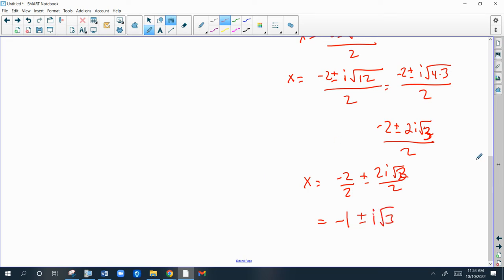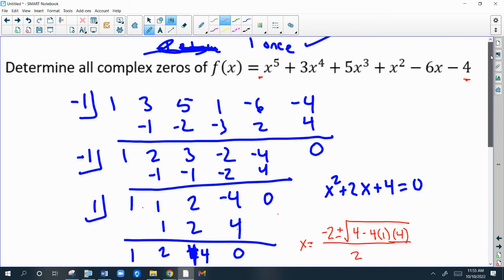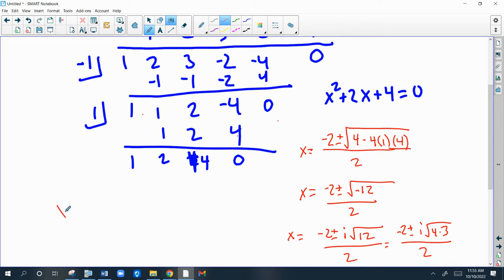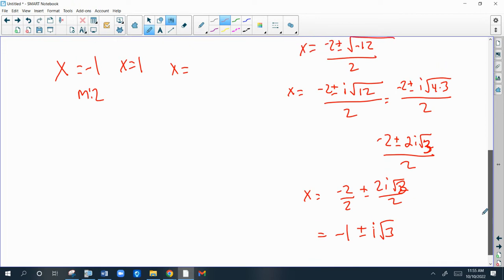So my 5 zeros, and I should have 5 complex zeros according to the fundamental theorem of calculus. Fundamental theorem of algebra. I'm in the wrong class here. x equals -1, multiplicity of 2. So that's 2 of them. x equals 1. There's your third. x equals -1 plus i root 3.